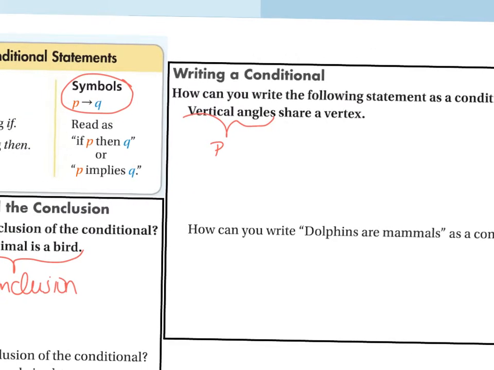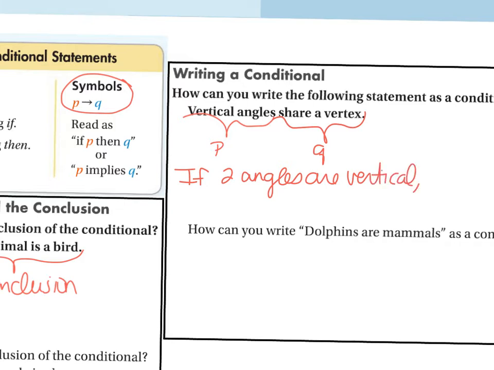And then shares a vertex looks like the Q, or the conclusion. So let's say, if two angles are vertical, then they share a vertex.